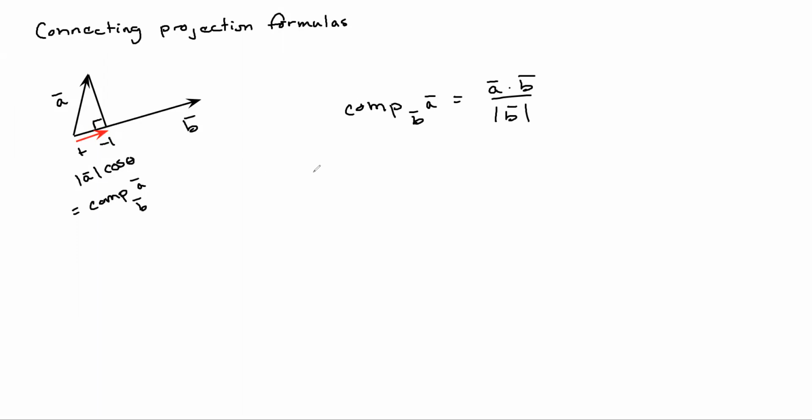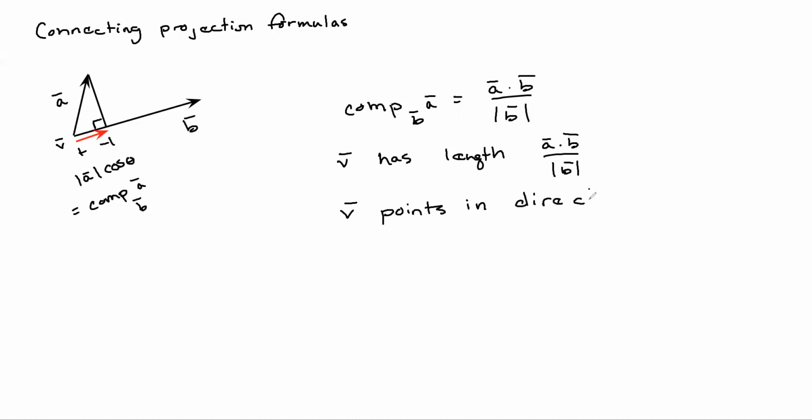Well, we really need to take two pieces and put them together. So what do we know about this red vector? Let's call this red vector vector V. We know that vector V has length A dot B over the length of B, and we know that V points in the direction of B. So it's got two qualities.